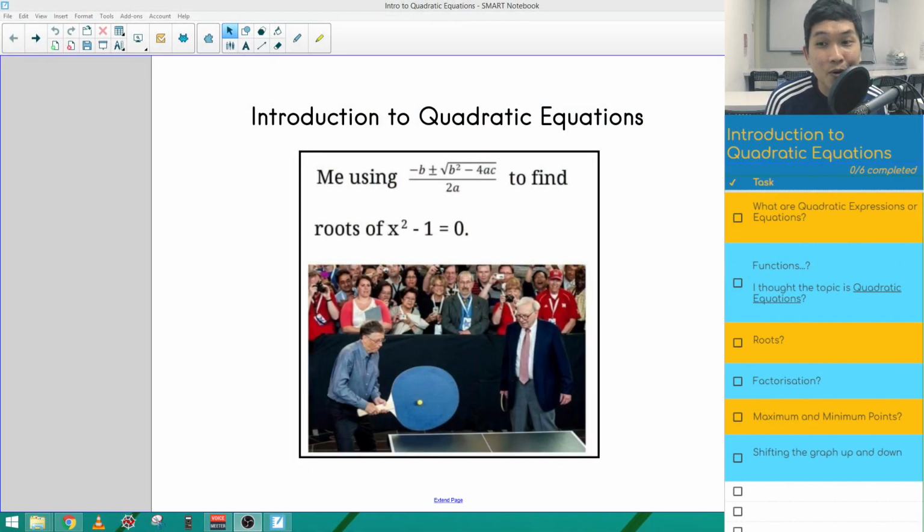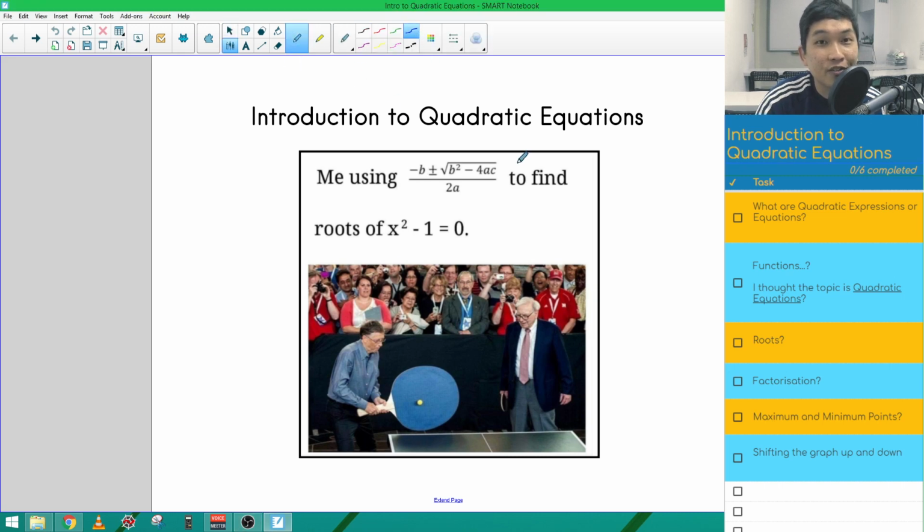So if you look at the notes, on the first page, we have a meme. Something funny. It says, me using the quadratic formula to find the roots of x squared minus 1 equals 0. Below, you see a picture of Bill Gates, and he's using a giant ping pong bat to hit a very small ping pong ball. You can see that using the giant ping pong bat is overkill.